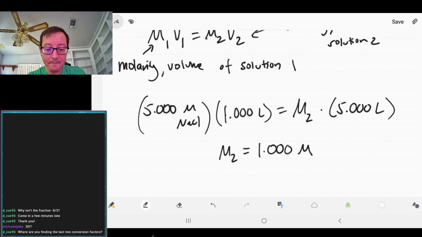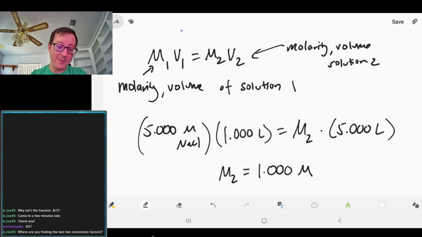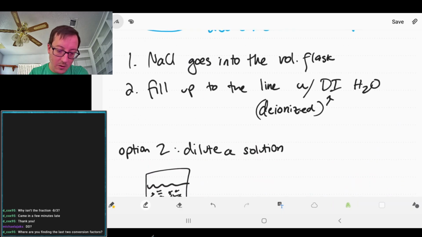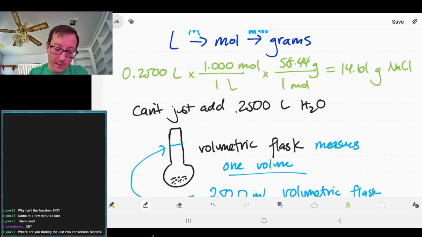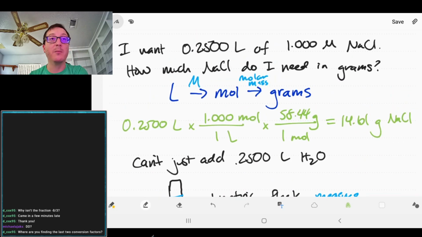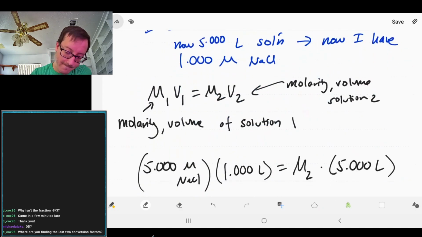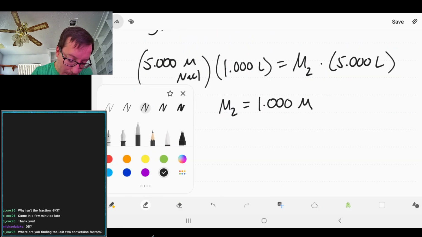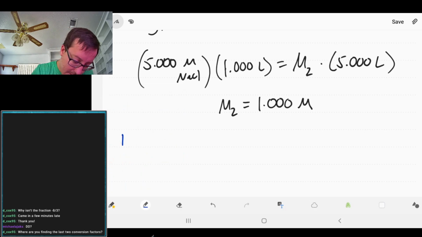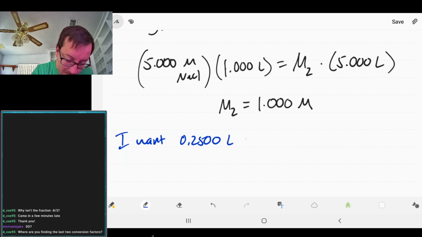But let's do another example. Let's say I want to make that same solution from before. So I want 0.25 liters of 1 molar sodium chloride. So I want same thing as before.